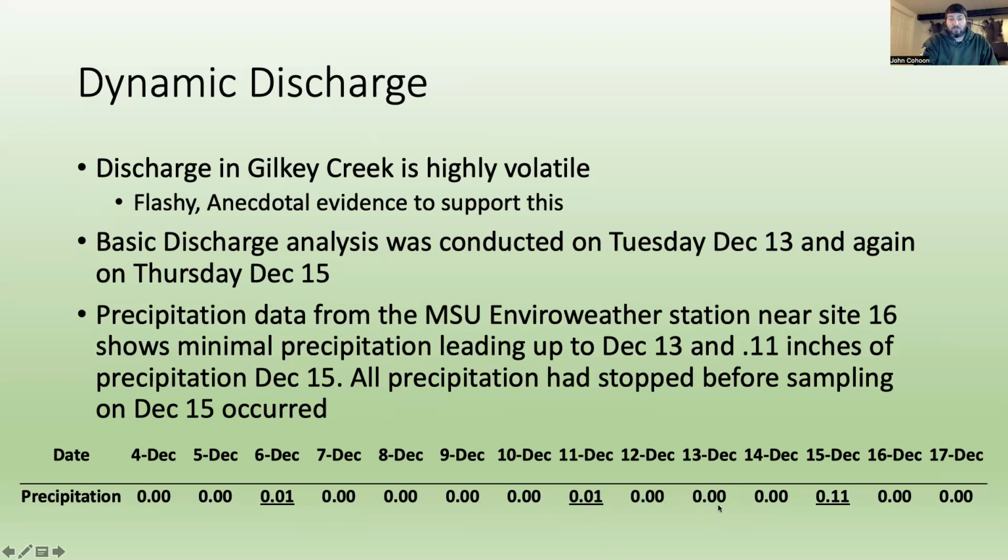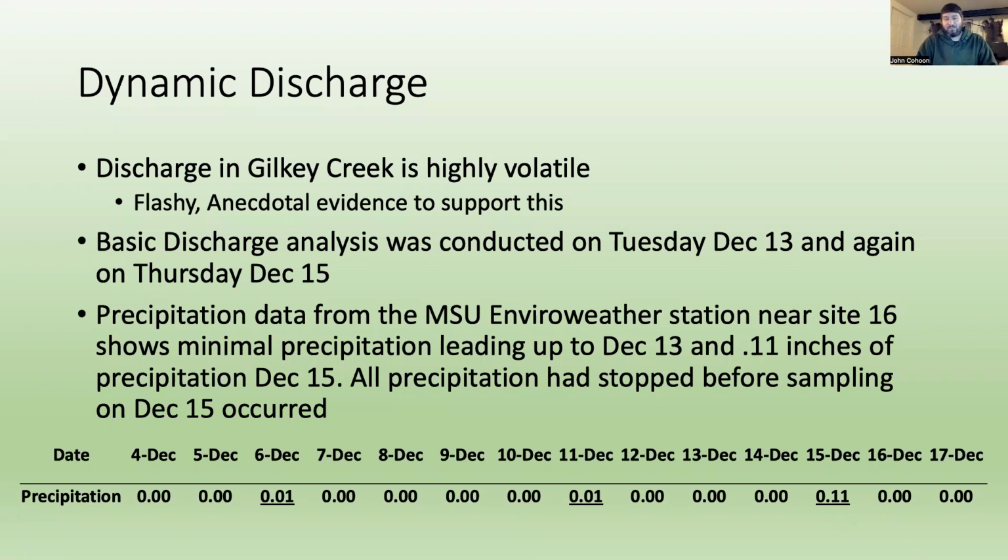So when we measured on the 13th, we had basically gotten zero rain for a little more than a week before that date. And so that initial discharge is like base flow with no precipitation adding to it. And then we got 0.11 inches of rain on December 15th, which is still a very small amount of precipitation in the grand scheme of things.